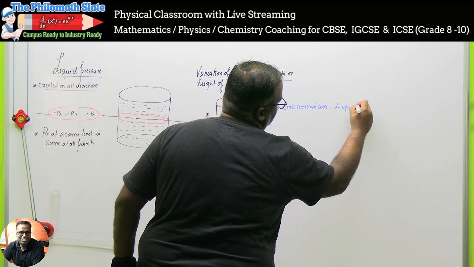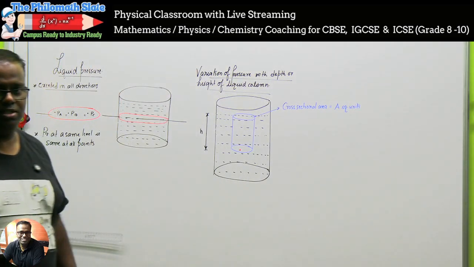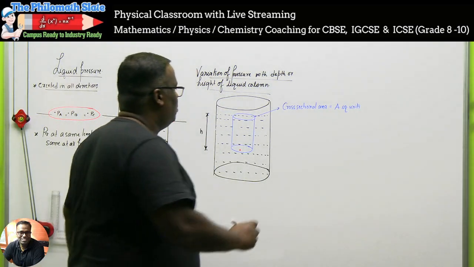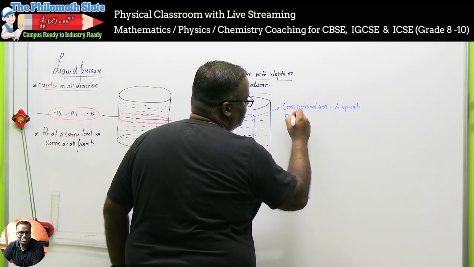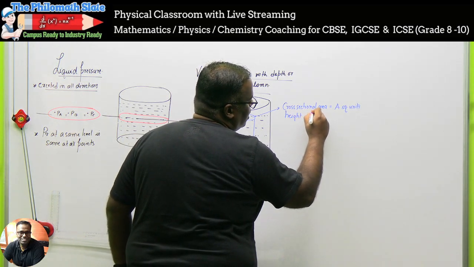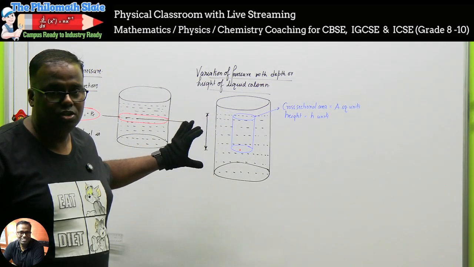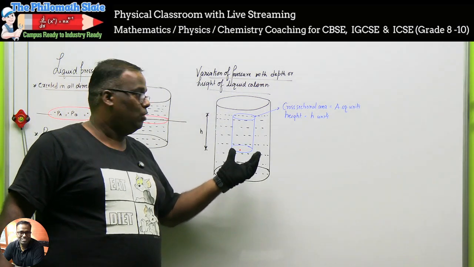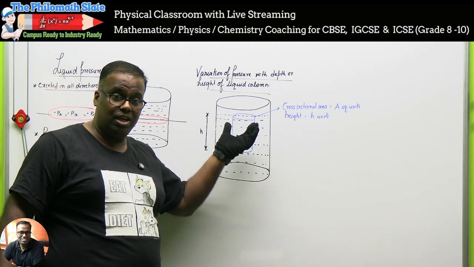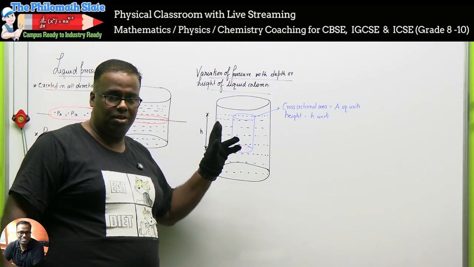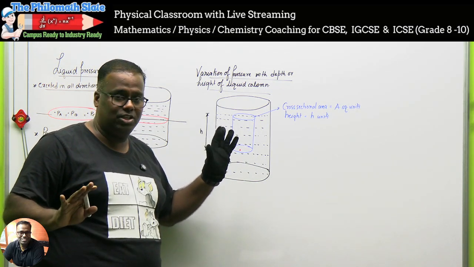It can be A meter square, centimeter square, whatever it is. Now what is the height? The height is equal to H units. So basically I have a cylinder whose cross sectional area is A. Sorry, height is H.